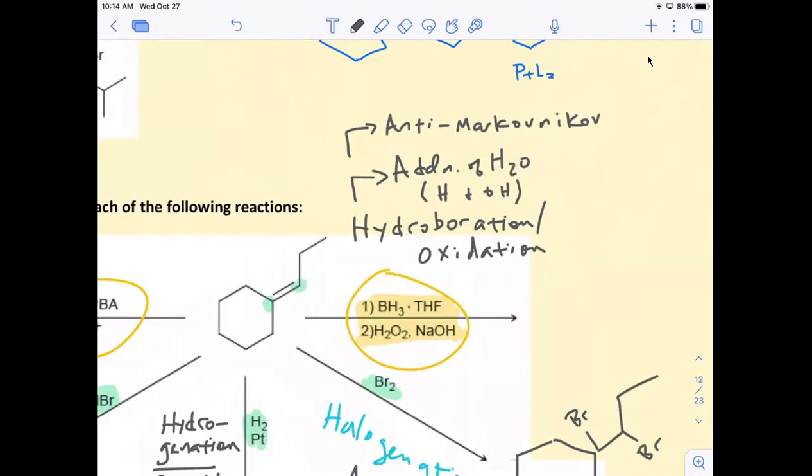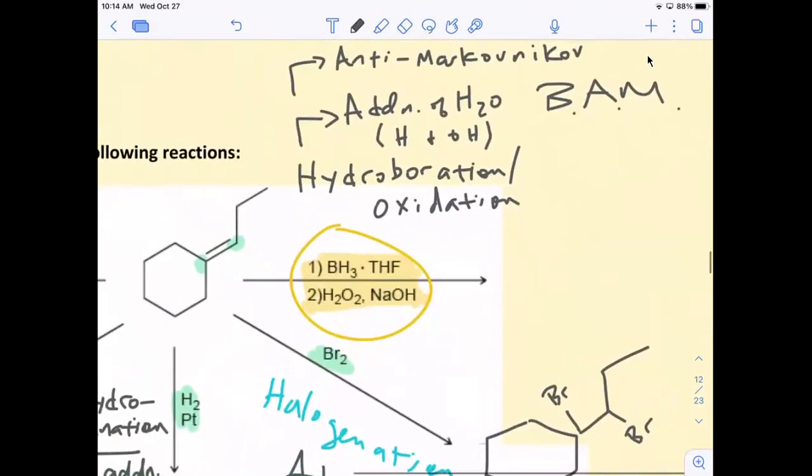If you watched the video, I gave you an acronym, a mnemonic, to remember it: BAM. Boron is anti-Markovnikov. So when you see this set of reagents, BH3, and then in the second step hydrogen peroxide and sodium hydroxide, those are the reagents for hydroboration.